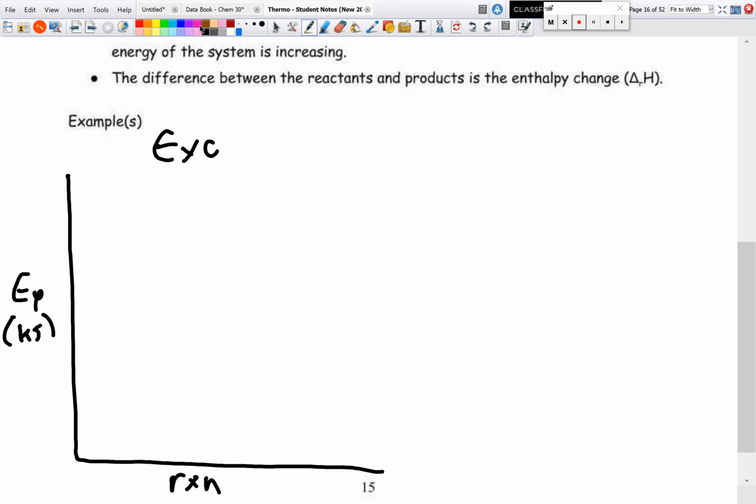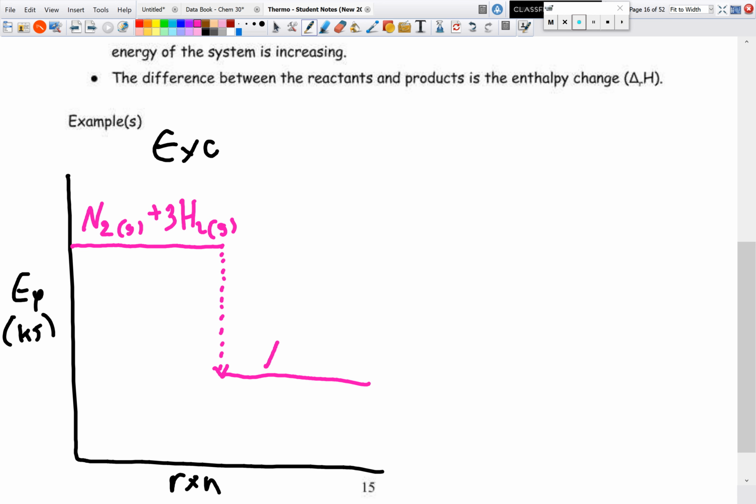So we have a potential energy somewhere up here, normally represented by a flat line, and for our formation reaction we had N2 gas plus H2 gas. Now we're dropping potential energy, so we see a downward arrow like this and go to the potential energy of our products.